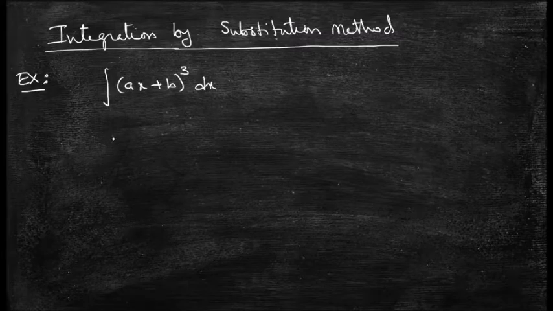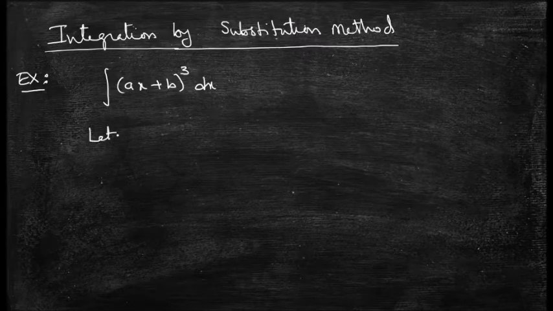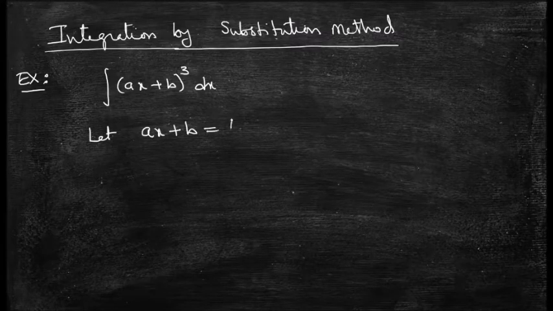See, I have taken a very simple example to help you understand how we substitute. In the substitution process, instead of x, if any big compound is there, we consider it as t. Let ax plus b is equal to t. Now, when you are replacing by t, that entire integration has to be converted into dt form.